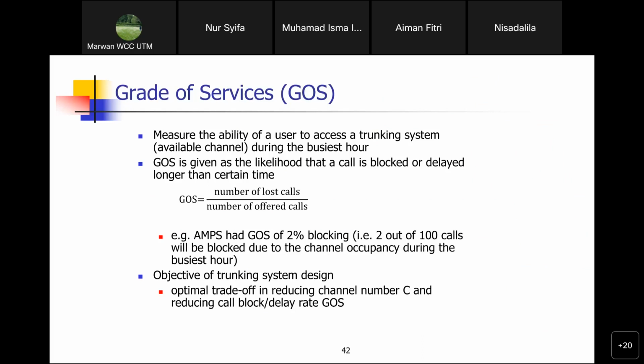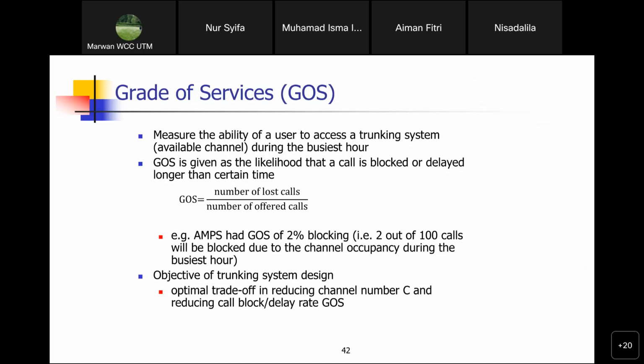It is the likelihood that the call is blocked or delayed longer than a certain time. GOS is the number of lost calls divided by the number of offered calls. For example, our 1G system in the 1980s, AMPS, had a GOS of 2%. What does 2% mean?